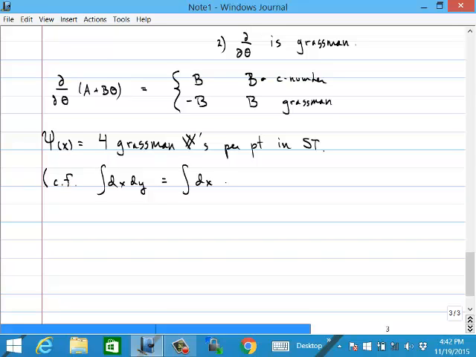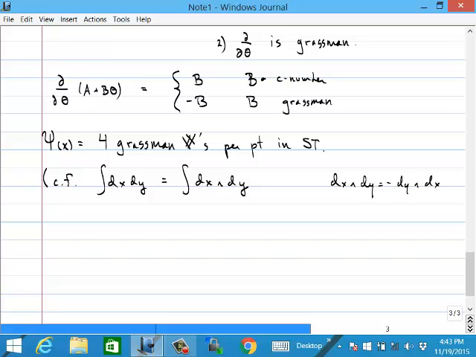They're objects that are multiplied together using something called the wedge product, which has the property that dx wedge dy is minus dy wedge dx. This is something you have all seen in a great deal of detail in your classes on multivariable calculus and linear algebra, except you called it the cross product, not the wedge product.